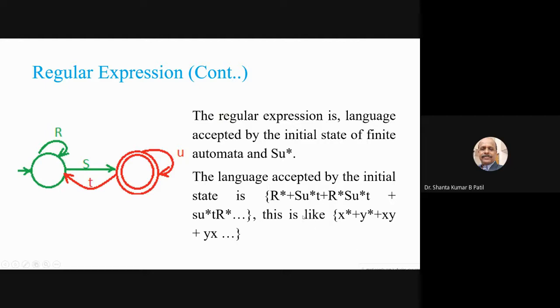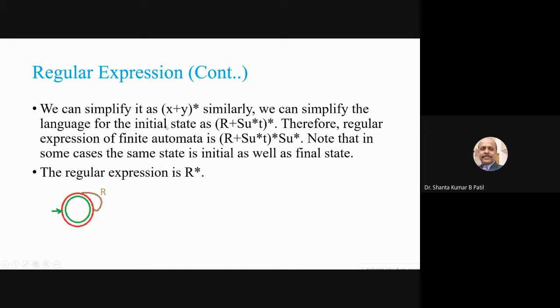This is like X star, Y star, okay, XY, YX. So X star, Y star, the combinations of X and Y, we can write as X plus Y whole star.